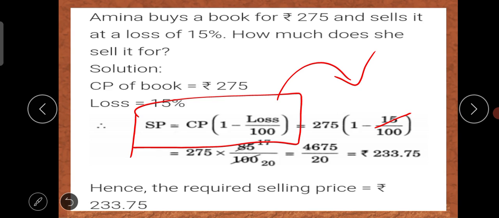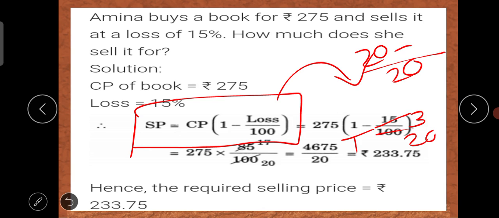Writing in the lowest term, we will get 17 upon 20. The LCM is 20: 20 multiplied by 1 is 20, minus 3, so the answer we got is 17 upon 20.